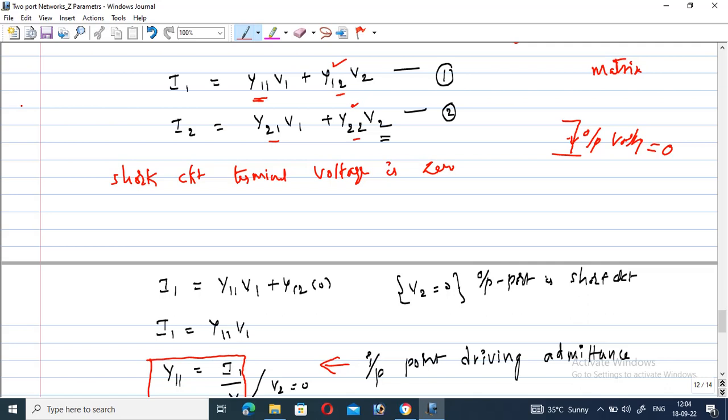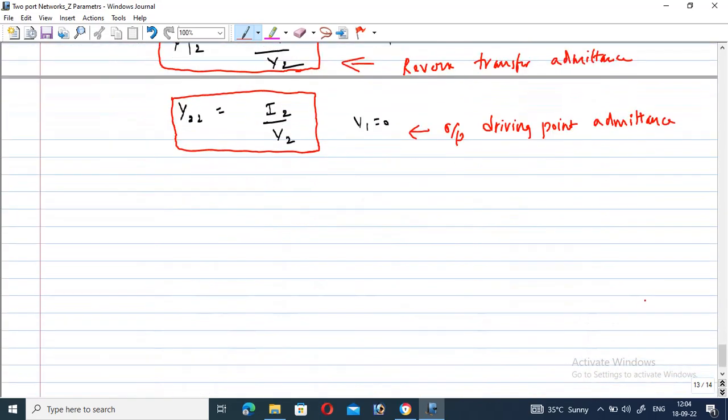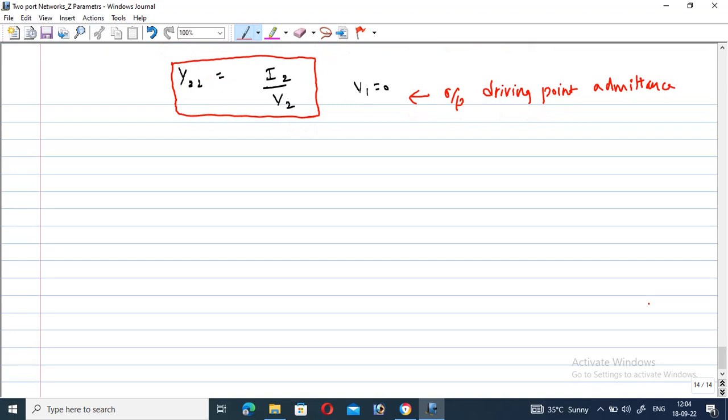So if you are getting these two equations, I will give the direct representation for this one, because all of you have some basic idea about this. So you can get these two equations due to the short circuit of V2 equal to 0.